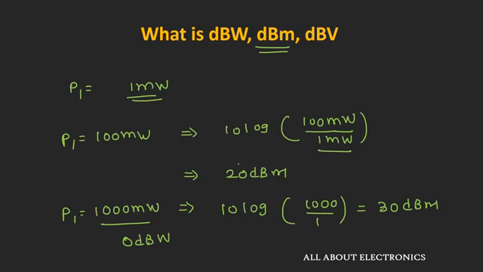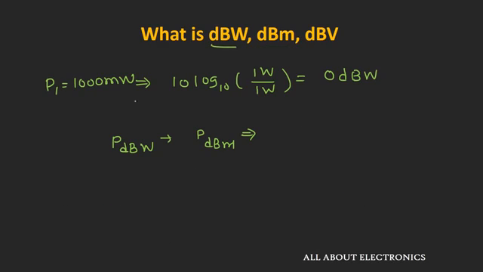So as you can see, the same power in dBm form is 30 dBm, while in dBW form it is 0 dBW. So if I have some power of x dBW and want to represent it in dBm form, I simply need to add 30 to that value.